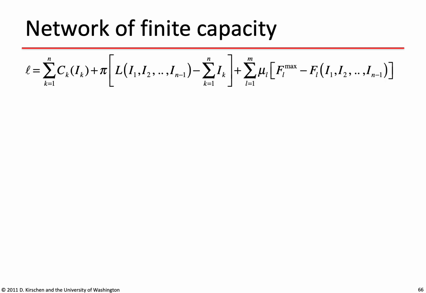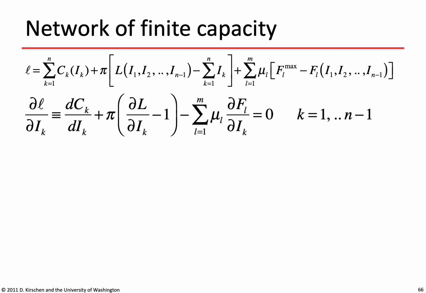I've repeated the Lagrangian function for this problem at the top of this slide, and we can move on to the optimality conditions. Taking the partial derivatives with respect to the net injections at buses K, with K going from 1 to n minus 1, gives us our first optimality condition.